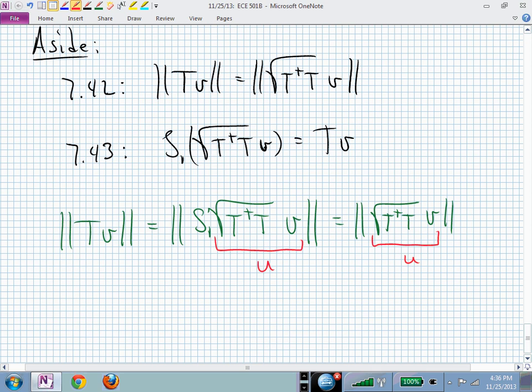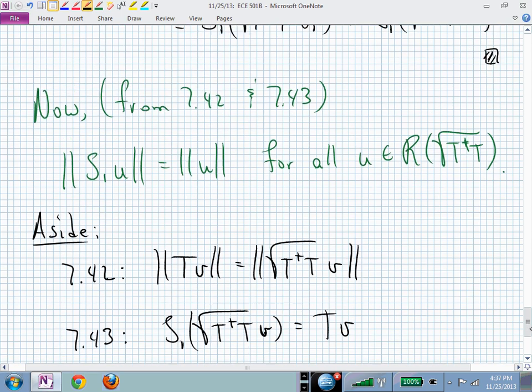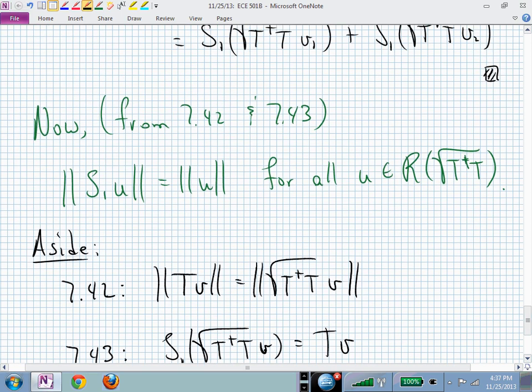So that's the aside for where this particular statement is coming from, that we have the norm of S1u equal to the norm of u for all u in the range of the positive square root of T dagger T.